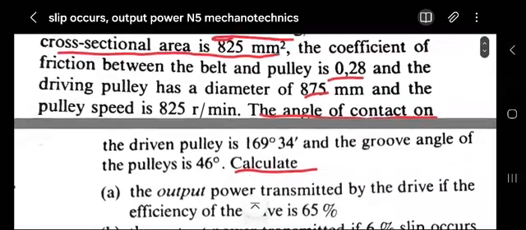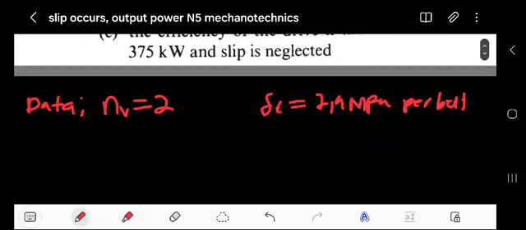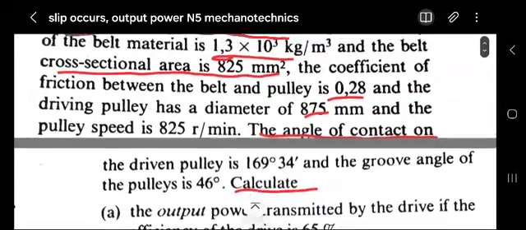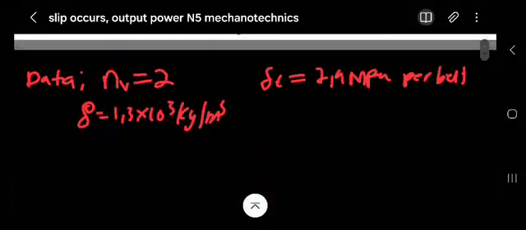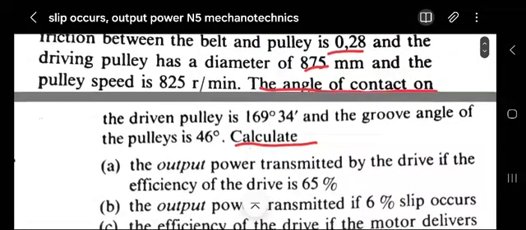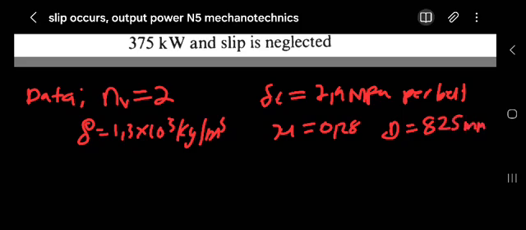It's fine. Then the density is given as 1.3 times 10 to the power of 3. Coefficient of friction, and the driving pulley, which is the diameter, it's in millimeter.